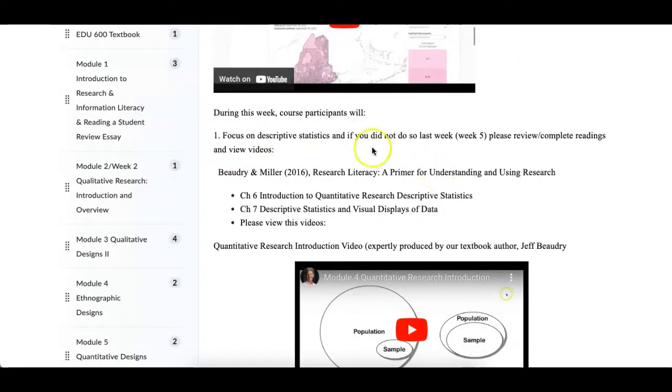So this week we are digging into the descriptive statistics a little more than we have in the past. And as I mentioned at the beginning of the class, this is not a statistical class or a statistics class, but it's important to know some basic ideas about statistics and how you use statistics to actually read and analyze the validity of the actual research.